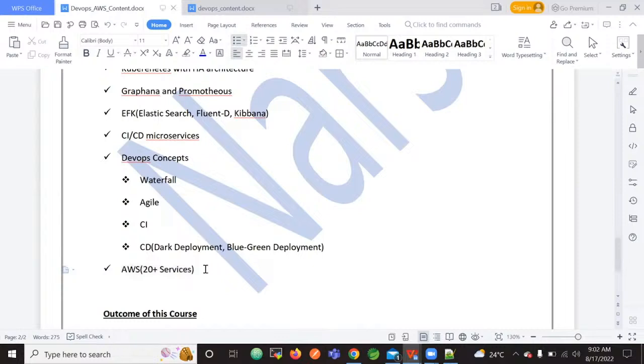I have one more doubt. Apart from the Indian market, outside of the Indian market, we have the expectation of a DevOps engineer with a background of knowledge in development.